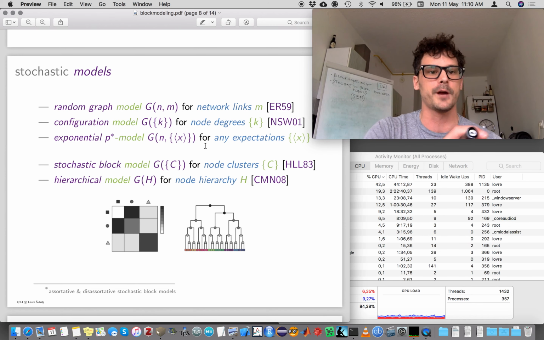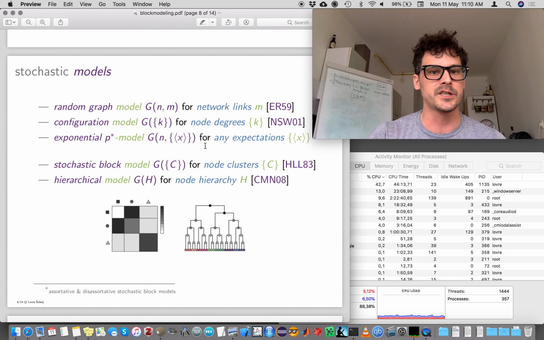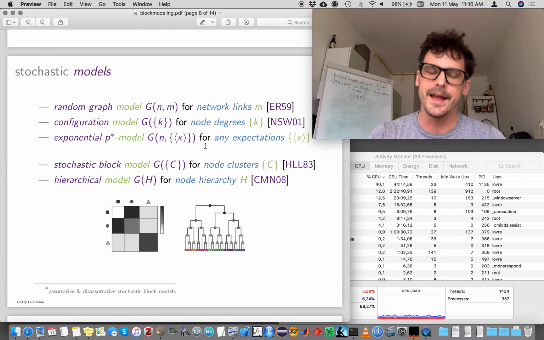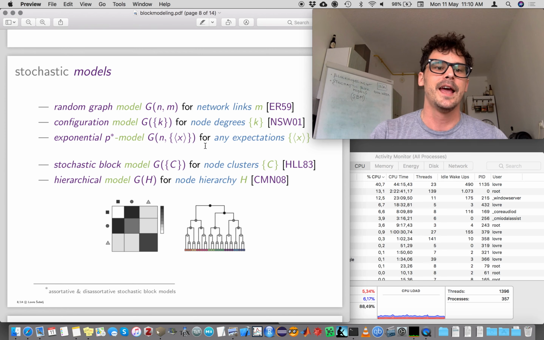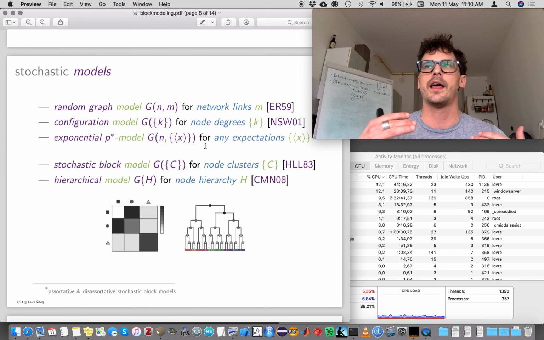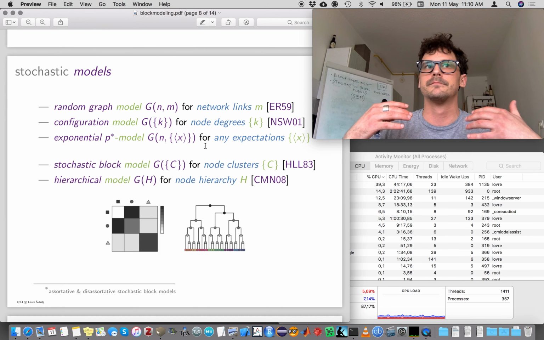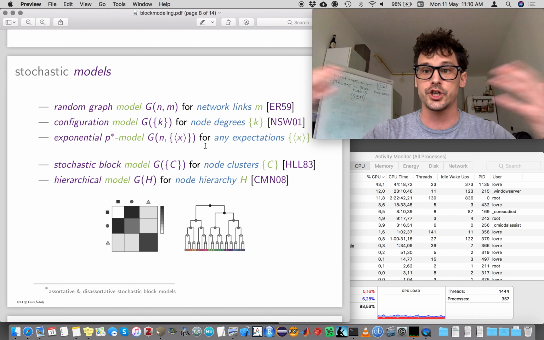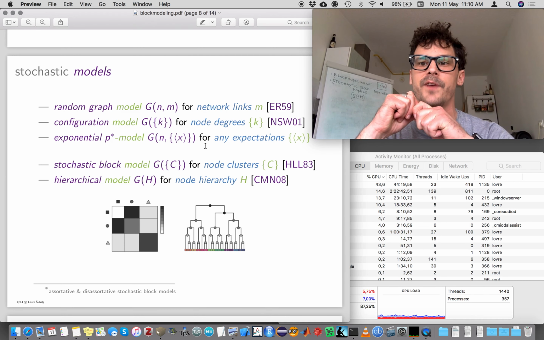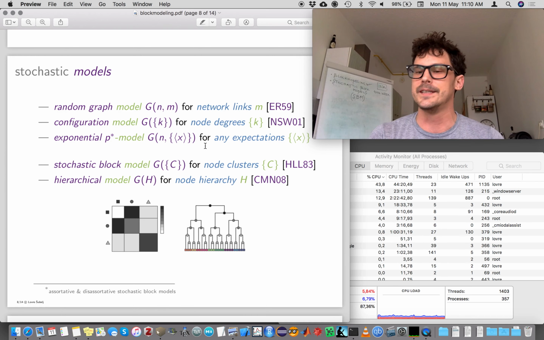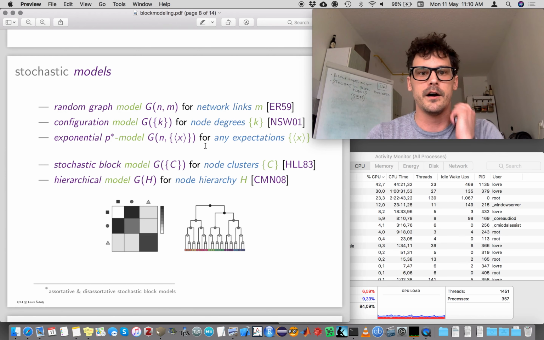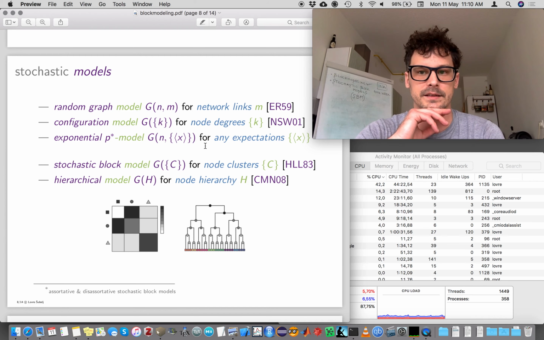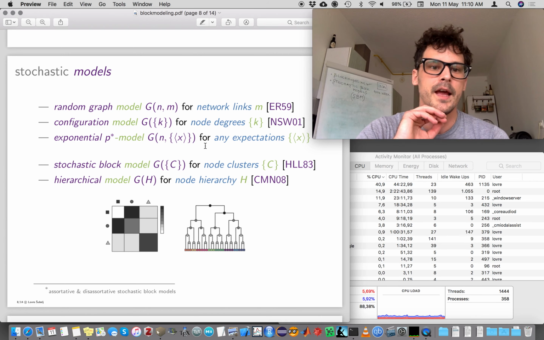You can read more about this in Newman's book. You will also see there that, although this is a rather ad hoc generalization of the models that we have seen so far, it turns out that it simply doesn't work.